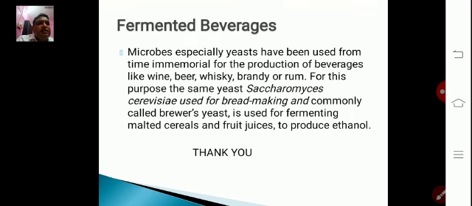In the making of fermented beverages, Saccharomyces cerevisiae, commonly called brewer's yeast, is used for fermenting malted cereals and fruit juices to produce ethanol.